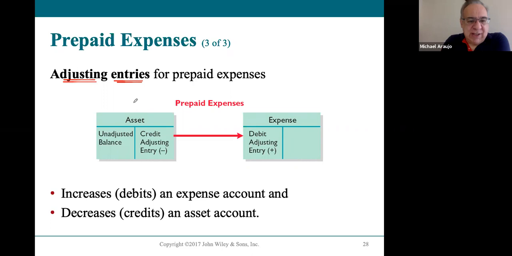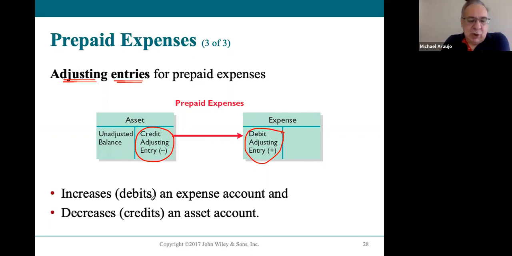So the adjusting entry is we are going to debit the expense account and credit the asset account, whether it's supplies or prepaid insurance or whatnot. It works the same everywhere. Debiting the expense, specifically insurance expense or supplies expense, crediting the asset, specifically supplies or prepaid insurance. This is how it would work.